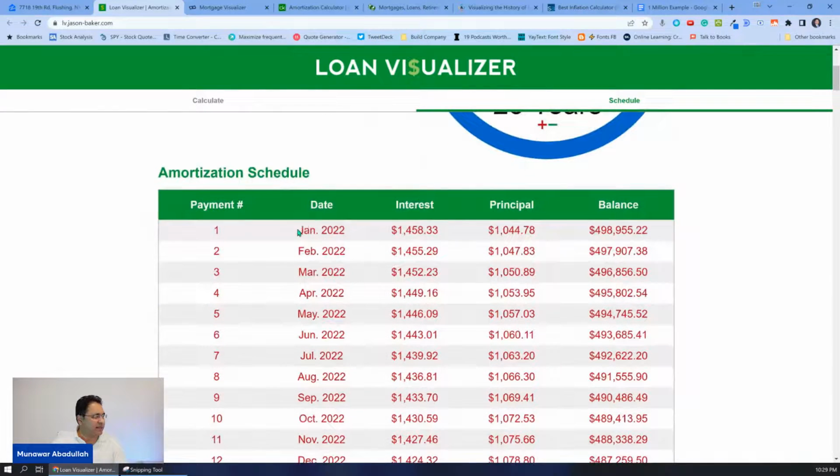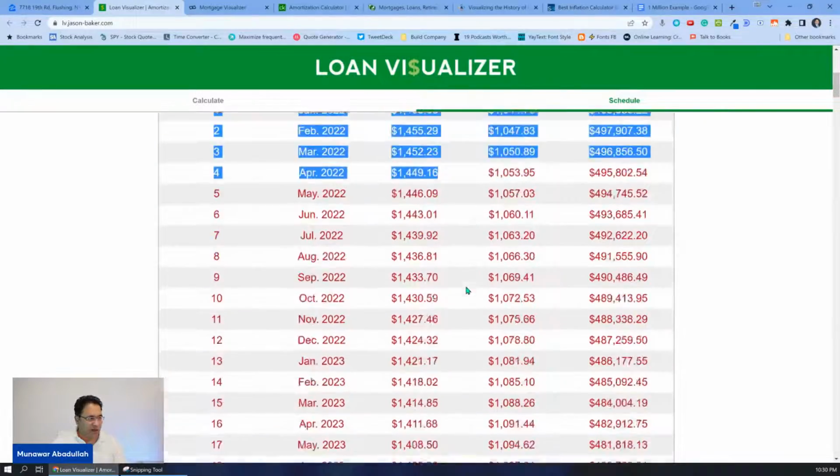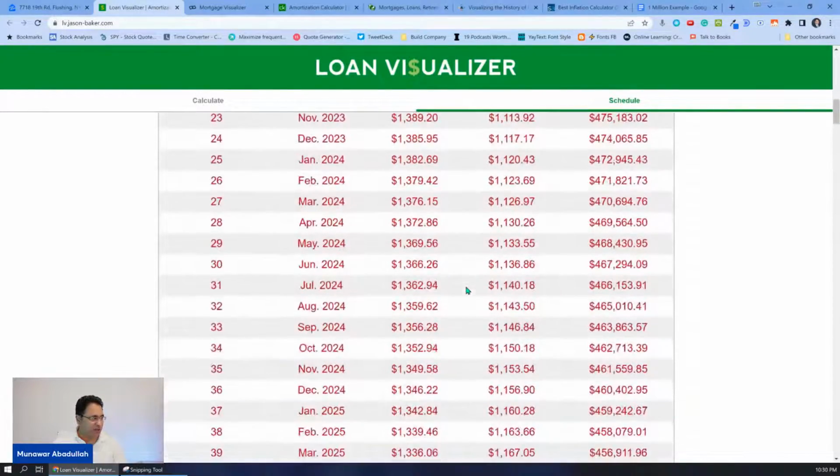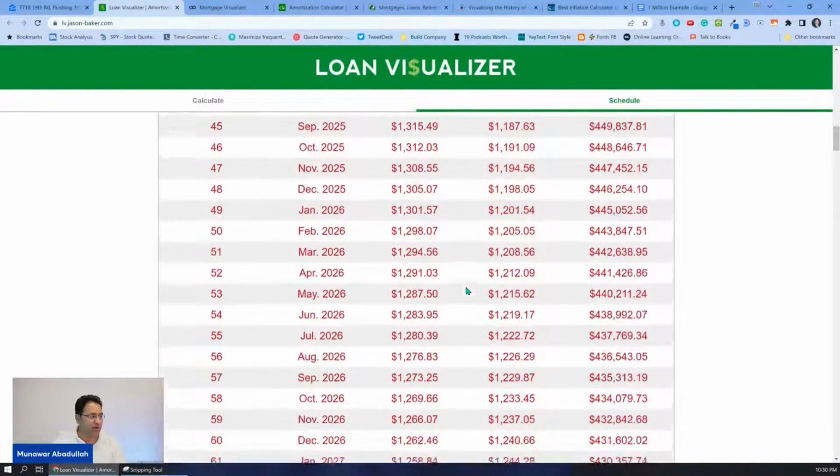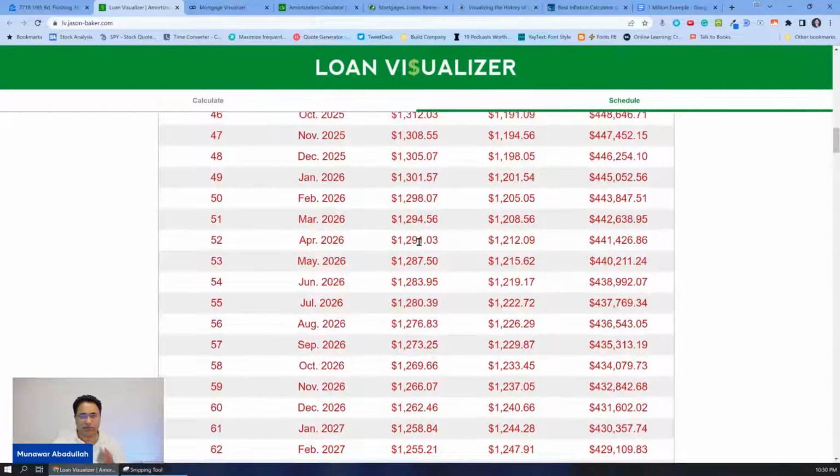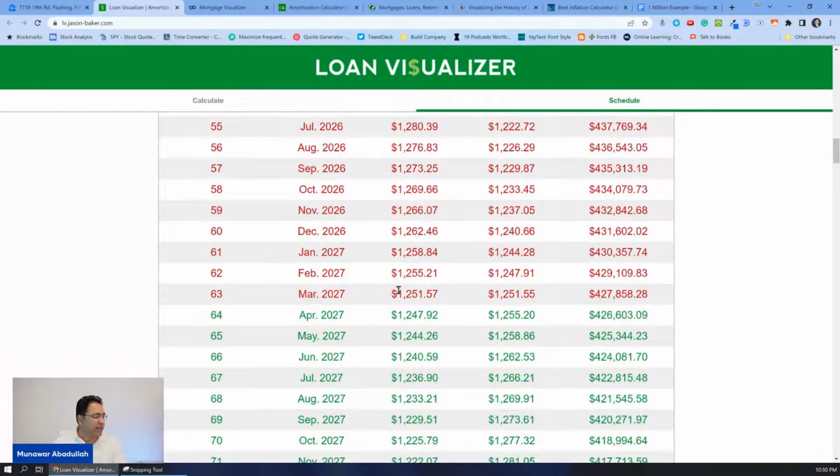And here is an example of what you normally pay. For the first many years, around 11 years, that's why it's very important. In the first 5 years, you are paying a lot in terms of interest, and your principal is not going down.